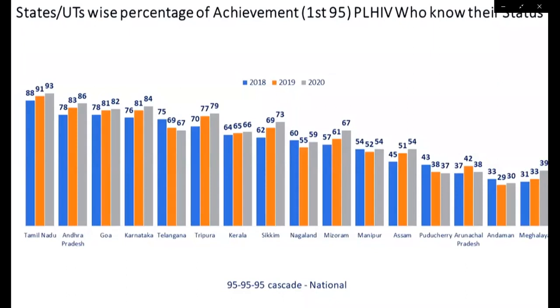There are also states like Telangana, where 3 years back the achievement was 75% and now it is 67%. So it is really challenging to understand why we are not able to bridge this gap. In fact, in a few of these states, partners are there, TSUs are there. So we have to see.